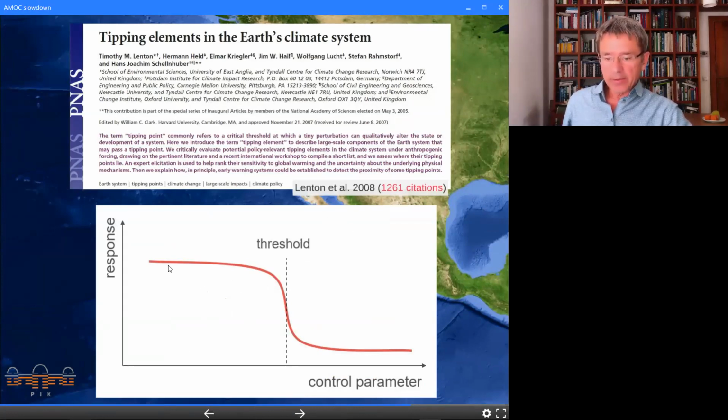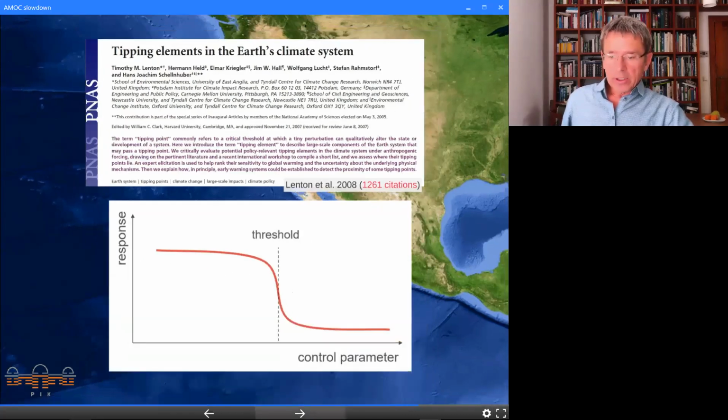And basically it's defined as a threshold where a gradual change in a control parameter leads to a pretty sudden big change in the response. And does that apply to the AMOC?